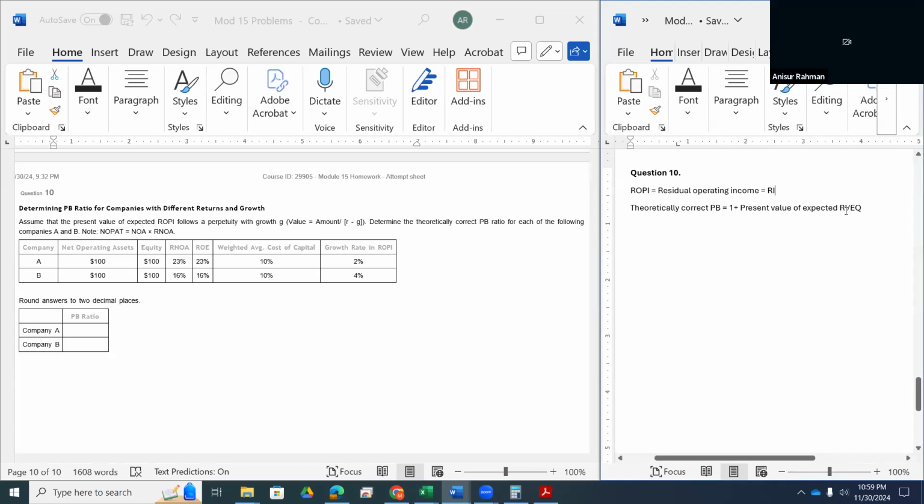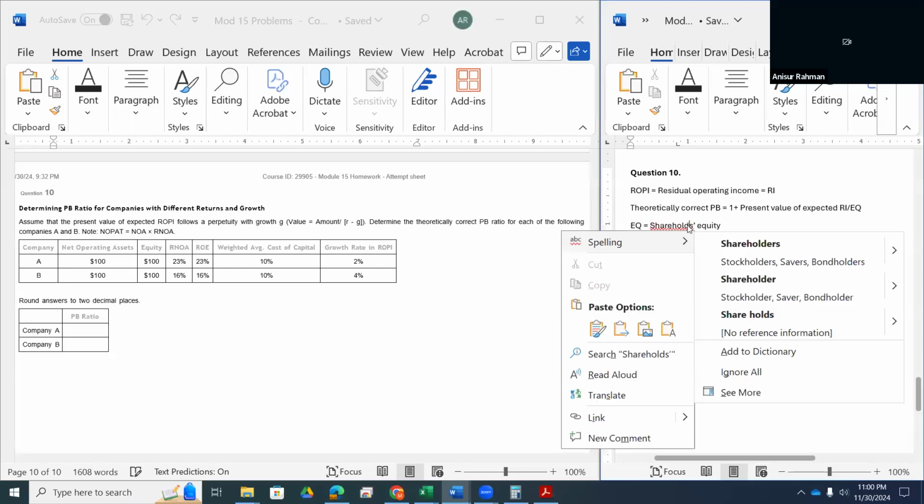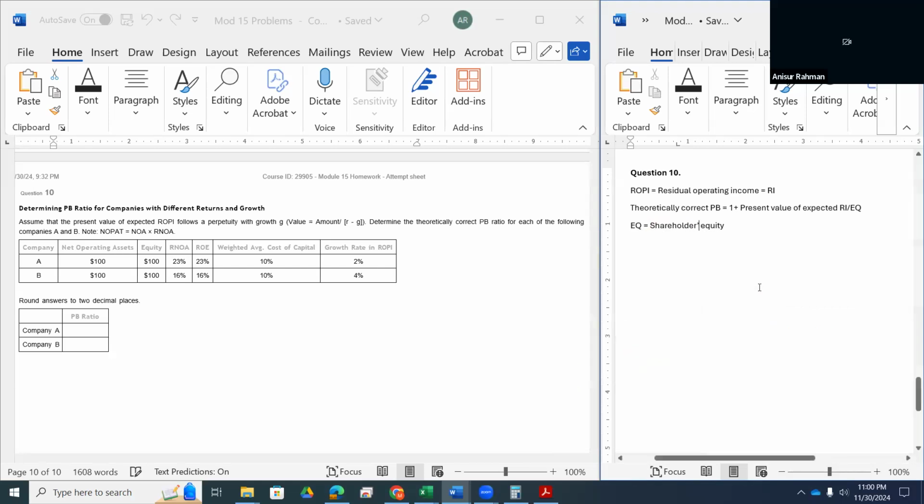So present value of expected residual income divided by EQ. So EQ is equal to shareholders' equity. So we need to find out present value of expected RI, and we have to divide by EQ. So we know EQ, which is the equity.